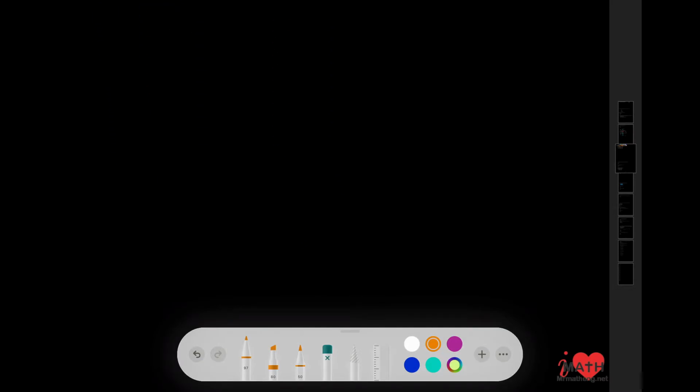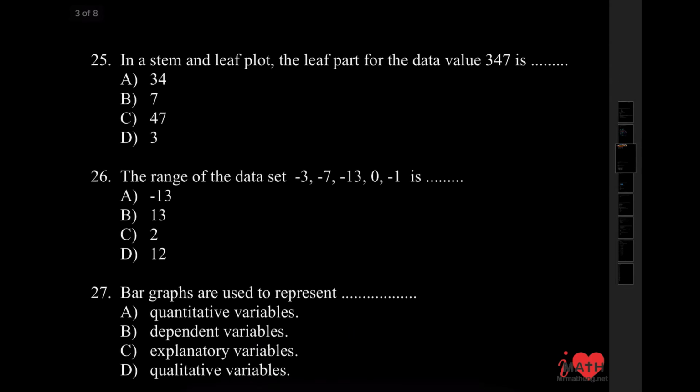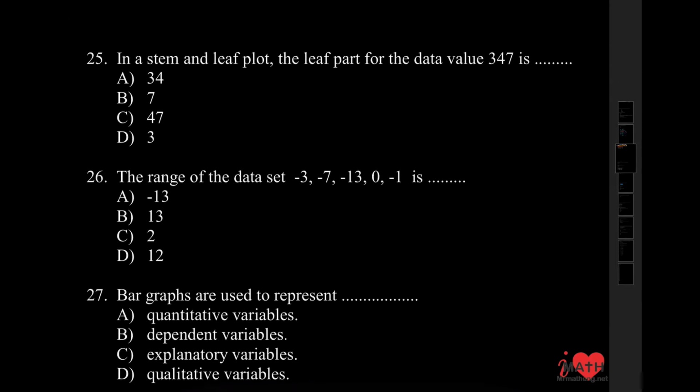Okay. All right, let's go to question number 25. In a stem and leaf plot, the stem part of the data value 347 is... okay, so let's just say I wanted to represent 347.